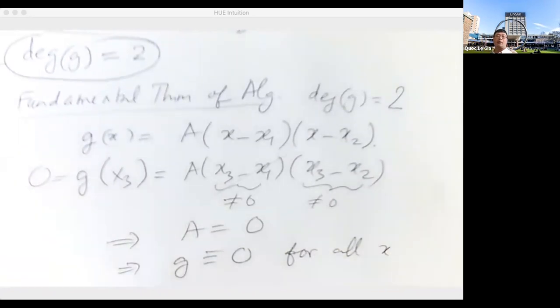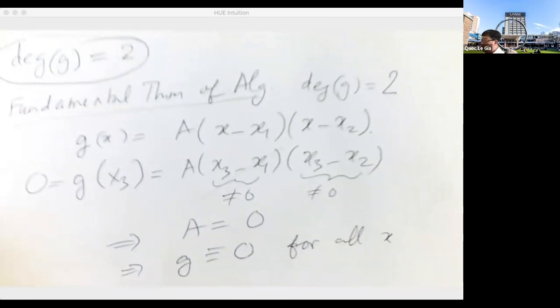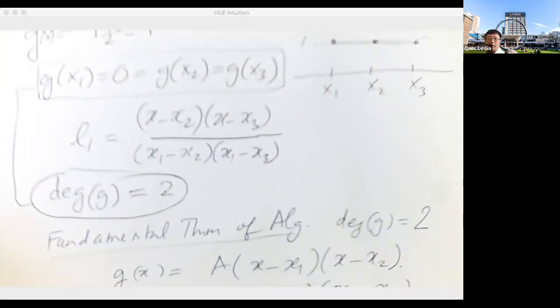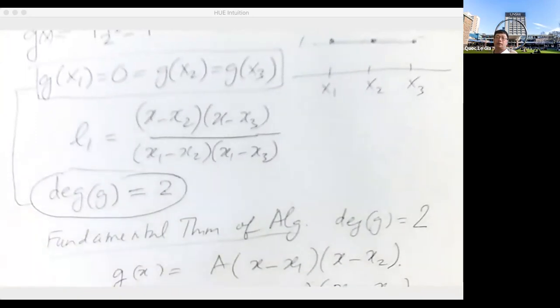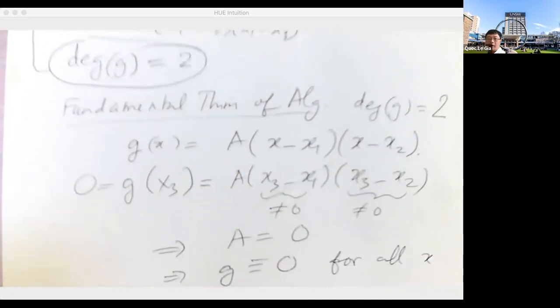So the whole point is the consequence of the fundamental theorem of algebra, and it ties up with the degree of a polynomial. You have more zeros than the degree. If it equals 0 at 3 points, then it has to be the zero polynomial.